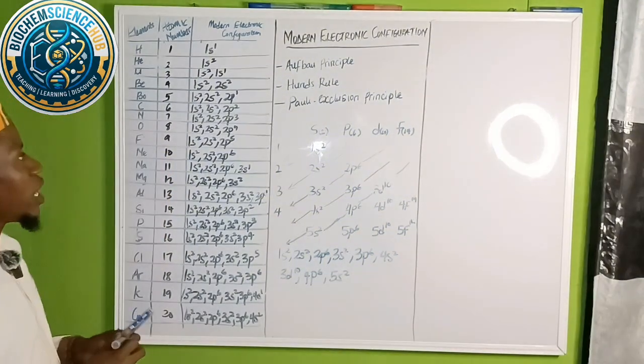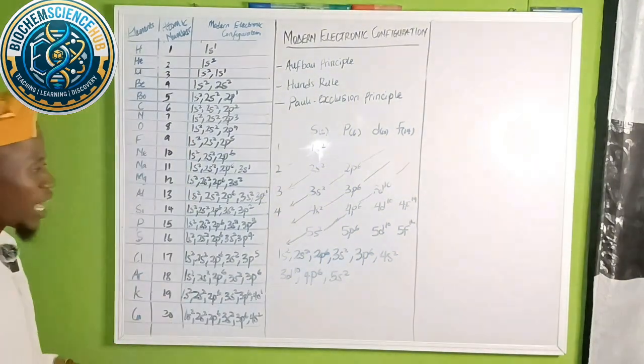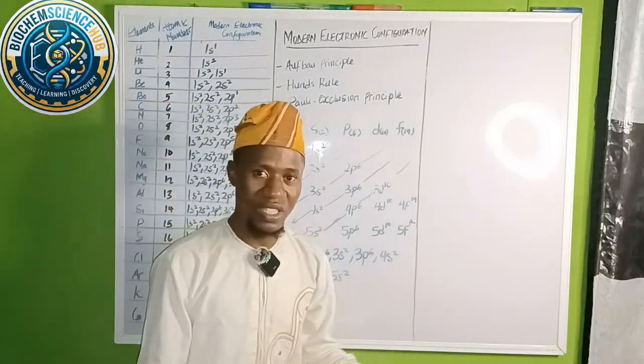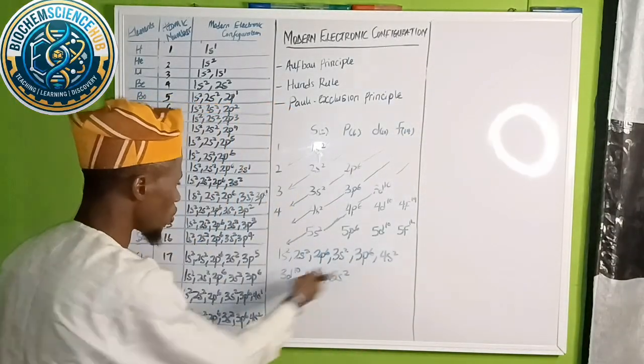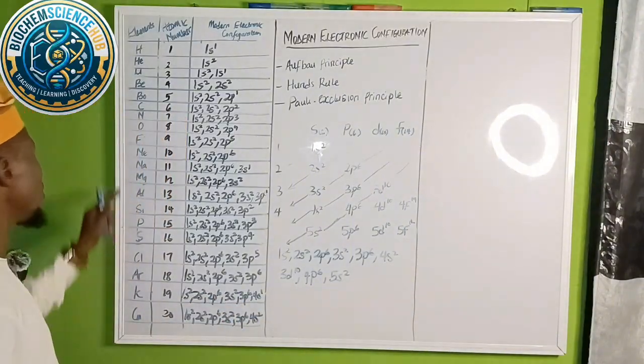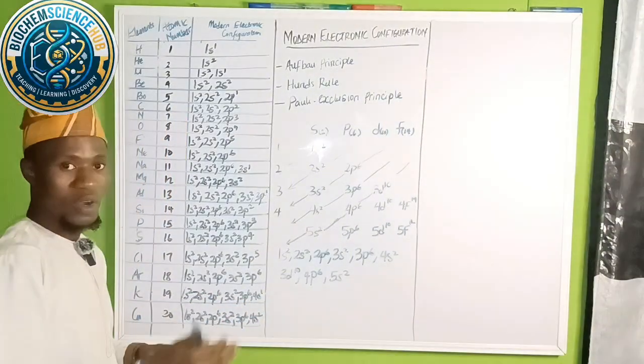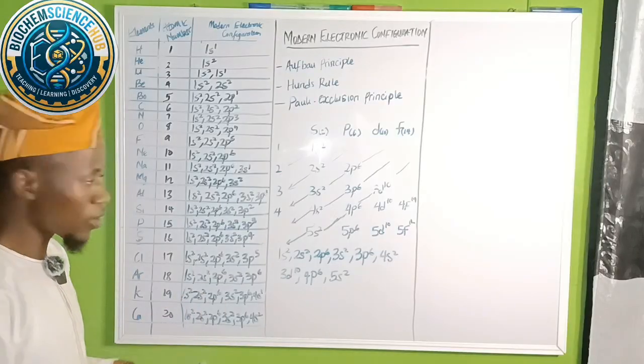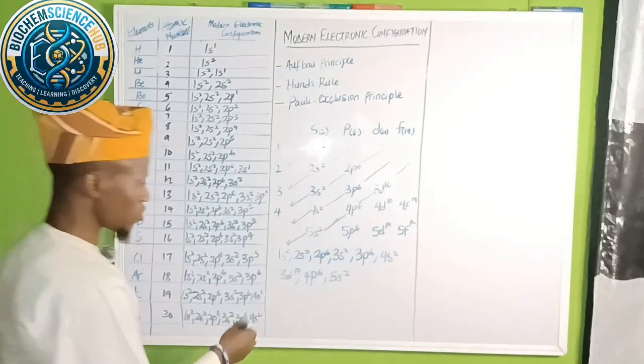So we filled our first 20 elements using that. And if you are moving to the next element in the periodic table, just follow your rule, and only as much as your elements follow. And after that, we have your D block elements.